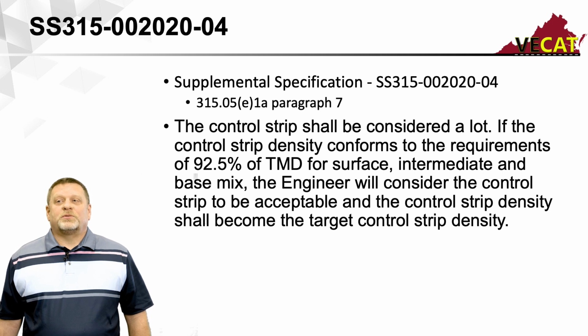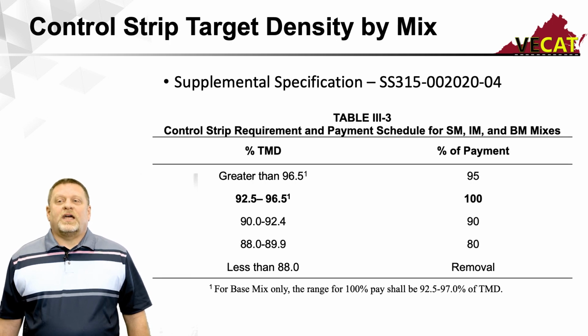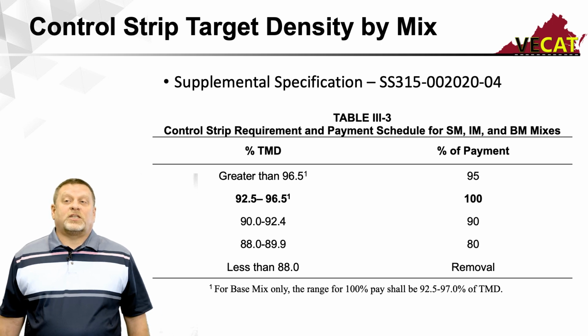Section 1A, paragraph 7 states, a lot of acronyms there: the control strip shall be considered a lot if the control strip density conforms to the requirements of 92.5% of theoretical maximum density for surface, intermediate, and base mix. The engineer will consider the control strip to be acceptable, and the control strip density shall become the target control strip density. So in this case, we had a 93 point, and this is the actual table.